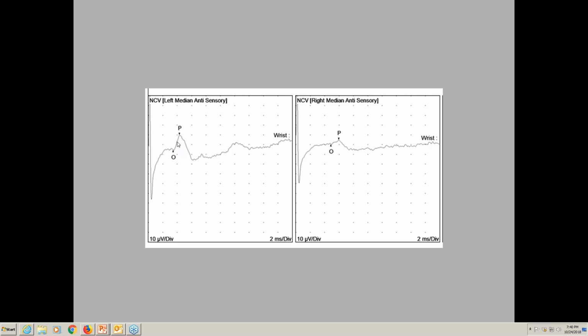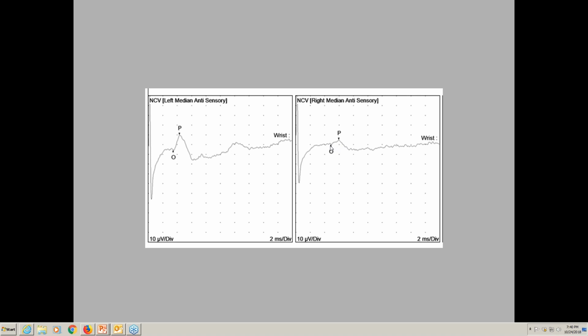Let's see, it's right about 15 microvolts. So we would call that normal in most circumstances, and a little bit slow. But if I move over to the right, I'm definitely seeing, as you said, 2, 4, 6 milliseconds in latency. That's slow with a drop in amplitude.